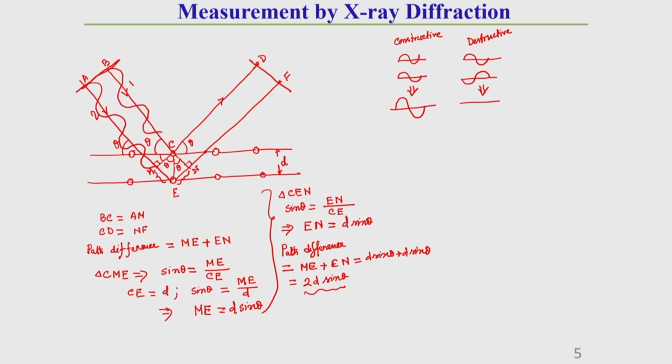The first wave will just reflect like this, because it is not passing through the lattice. But here you see, the second wave is passing through this lattice spacing, correct. So that is why there is some path difference.